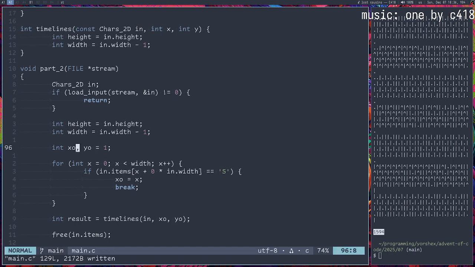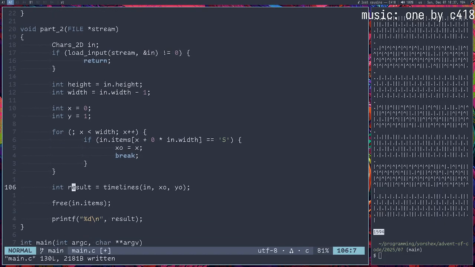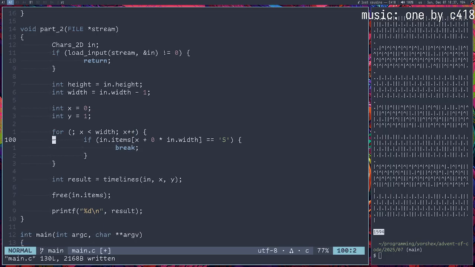In fact, we could just set xo to 0. And I gotta make it less confusing. And iterate. We don't even need any kind of special indicators for this variable now. We just need to break here.